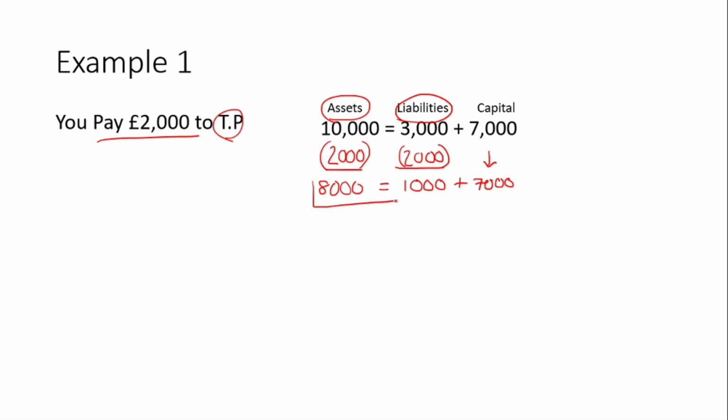And you can see that both sides will always equal, and no matter what you do with the equation, if you reduce the assets, you have to also reduce the liabilities or capital. If you want to increase the assets, you will also have to increase the liabilities or capital. I hope that part makes sense.